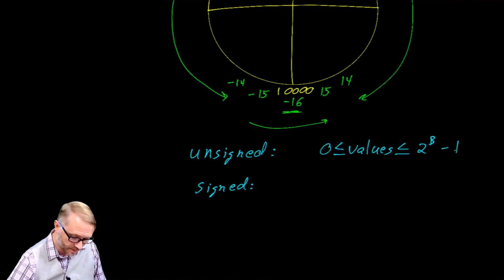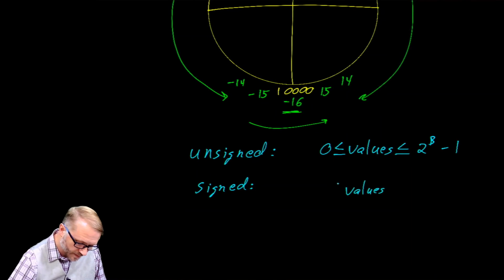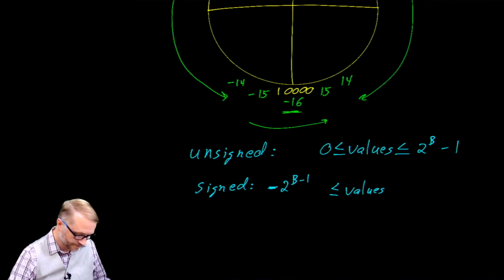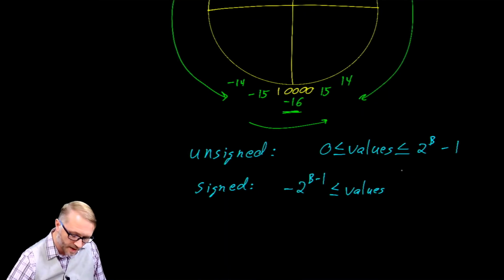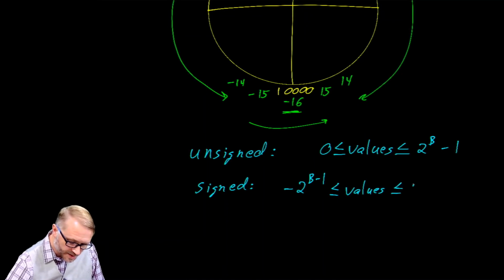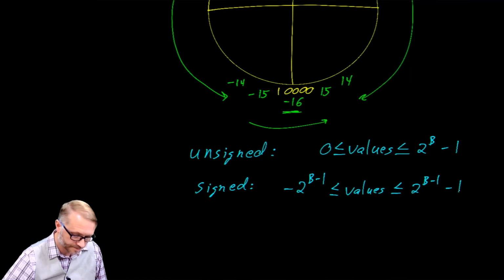The signed numbers would take on values greater than or equal to negative 2 to the b minus 1. You got to remember, there's a negative sign there. So let's write that again. Negative 2 raised to the b minus 1, but less than 2 raised to the b minus 1 minus 1.